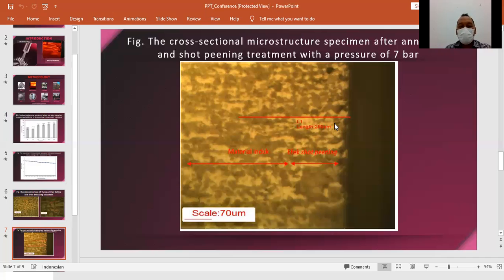The highest density of dislocation is at the grain boundaries of the material. The phenomenon makes the grains on the surface and areas near the surface finer and inhibits dislocation movement. This phenomenon causes the effect of strain hardening on the material with shot peening treatment.